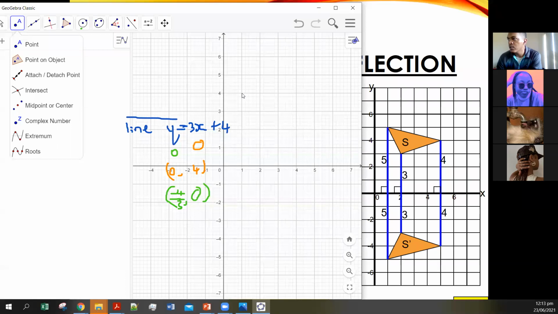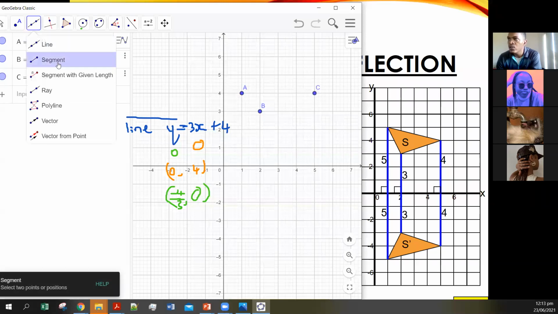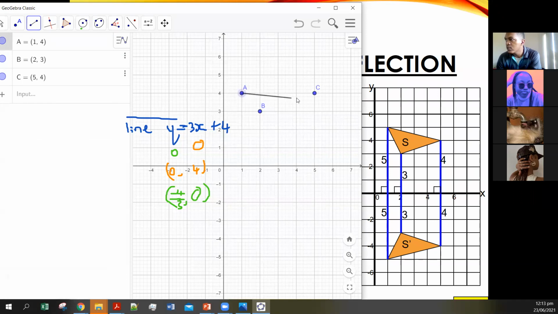That is the point over there. Then we have another point, which is 2 and 3. 2 and 3 is over there. We have another point, which is 5 and 4. So 5 and 4 is over there. All right. I'm doing this to scale.